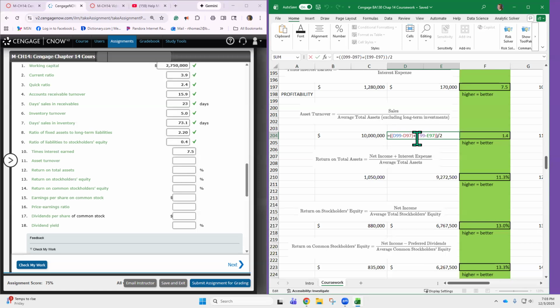Then this is year one's total assets minus year one's long-term investments. So we get a number and divide by 2. So when I do the math, there is how much I have. And then we take the 10 million divided by your average total assets that have been excluded of long-term investments.